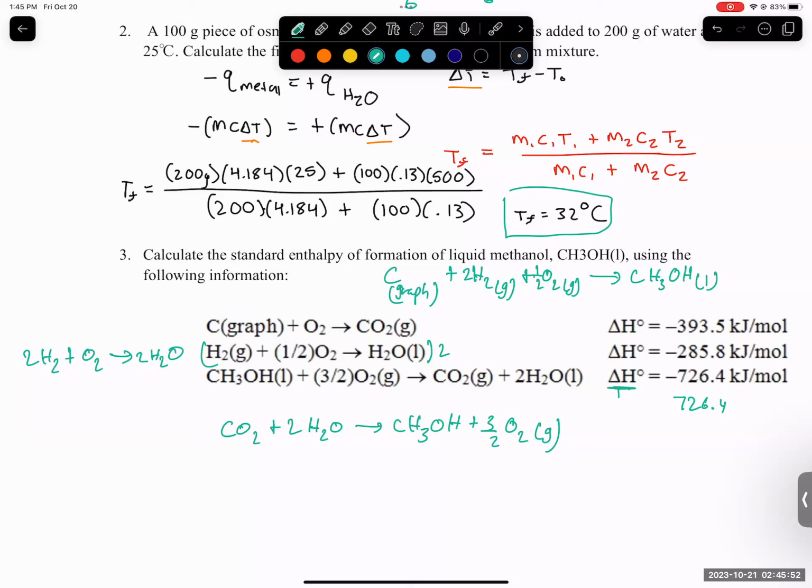Now, if you notice, with our O2, we have one O2 on the top equation, so that's 1. Then we have another O2 here in our second equation, so that's 2 O2s total. And then we have 3/2 O2 on our product side.